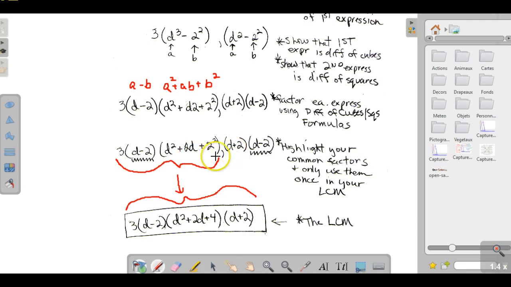And then at the same token, you can see that this set of factors will also go into this least common multiple. The d plus 2 goes into here. The d minus 2 goes into here. So there you have it. There's your least common multiple.